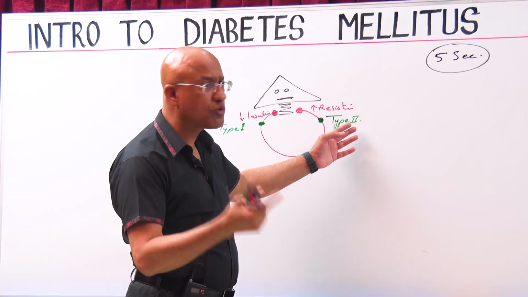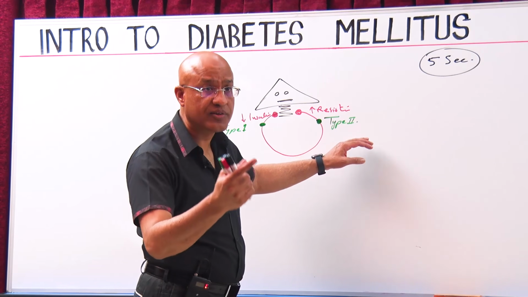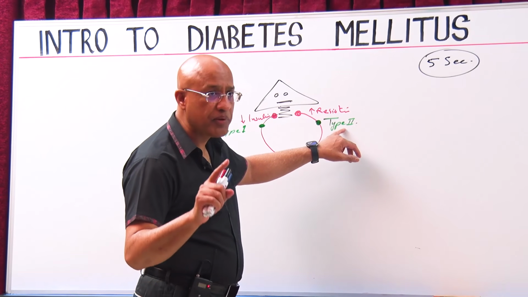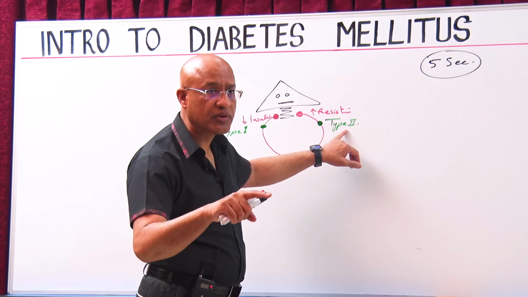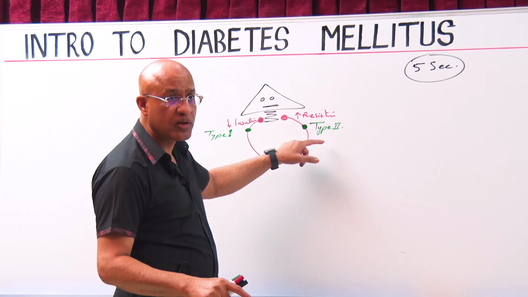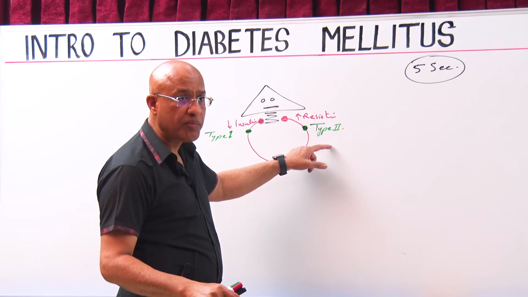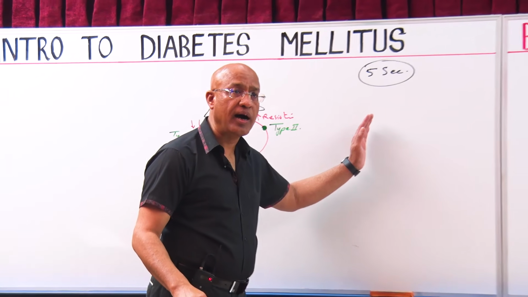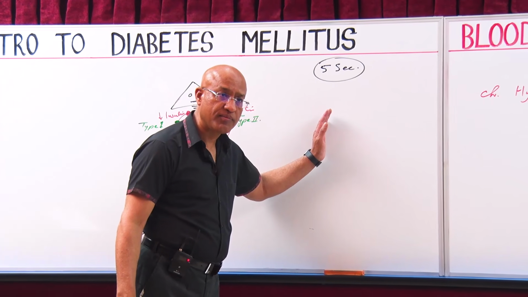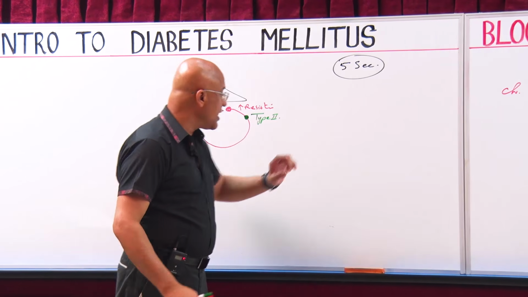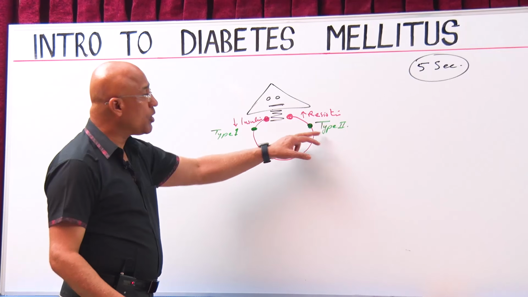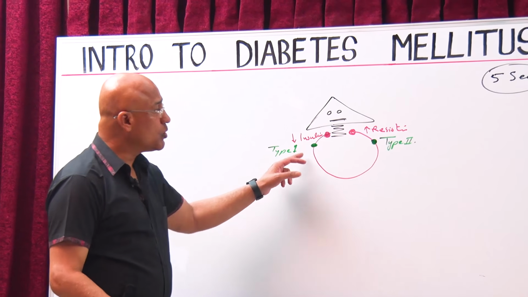Because this disease goes on for many, many years or over decades. So at least in the beginning of the disease, insulin is being produced. The real problem in the beginning is that tissues are not responding to insulin. Is that right? So these are the two conditions or two diseases.